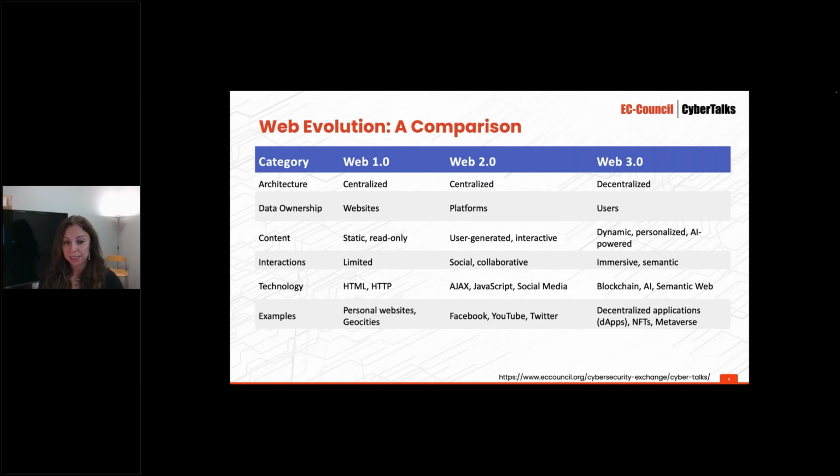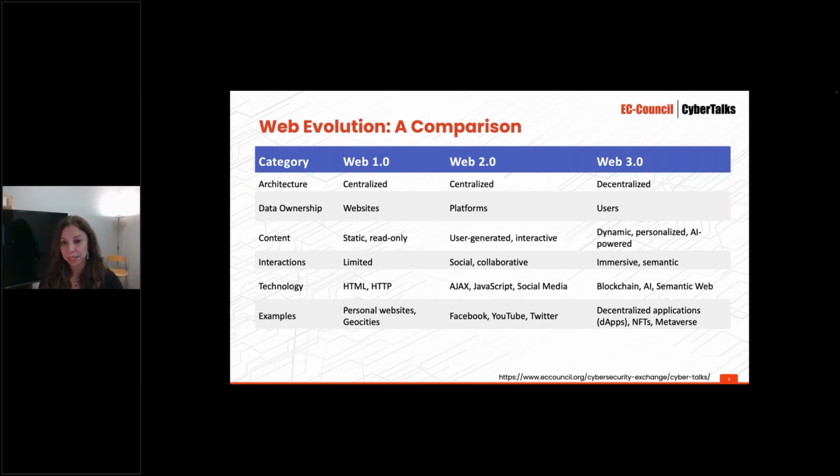Technologies, here you can see HTML, HTTP, social media, JavaScript, Ajax in Web 2. And again, these are high-level summaries, but I think you understand there's many more languages and technologies running from Web 1, Web 2, and Web 3, but at a high level, we're going now into decentralized technologies of blockchain, AI, and semantic web. Some examples you can see here.